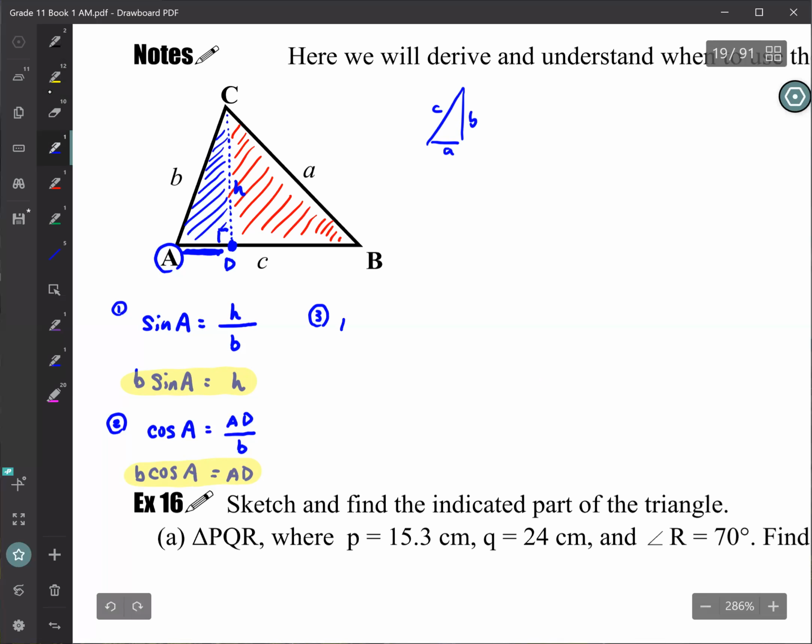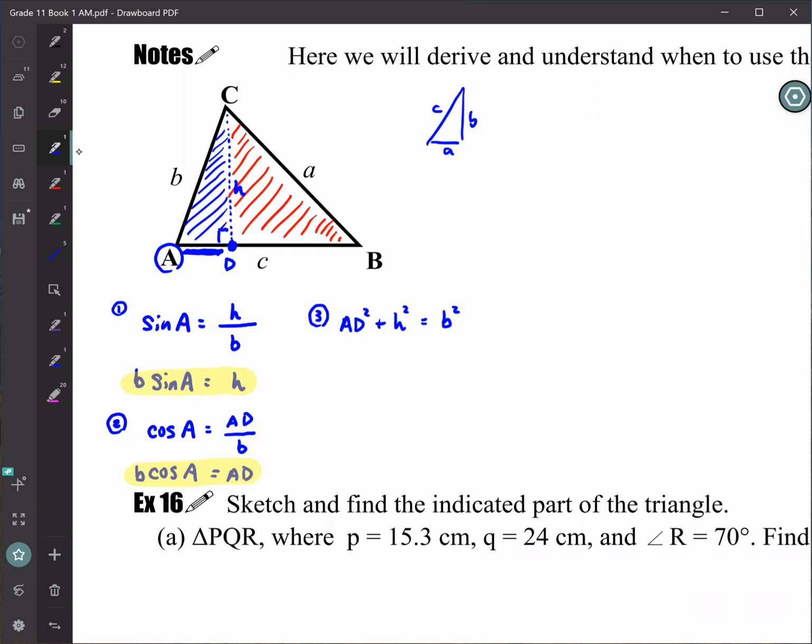So AD squared plus h squared will equal b squared. Okay, can you raise your hand if you understand where this comes from? Okay, the blue triangle. The a, b, c, they are the AD, the H, and the B.